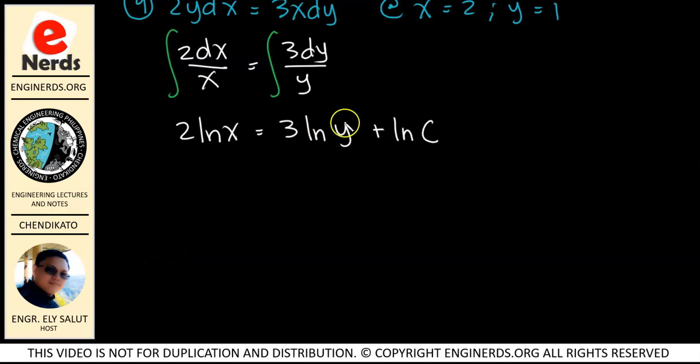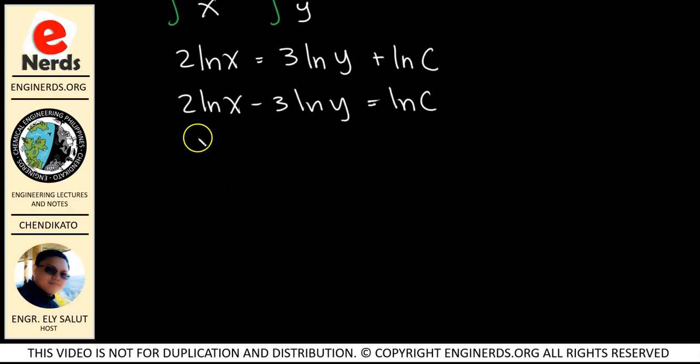So first, I'm going to transpose itong 3 ln y sa left side. So I will have 2 ln x minus 3 ln y is equal to ln c. Okay, so another property of logarithm, I will have ln x² minus ln y³ is equal to ln c.